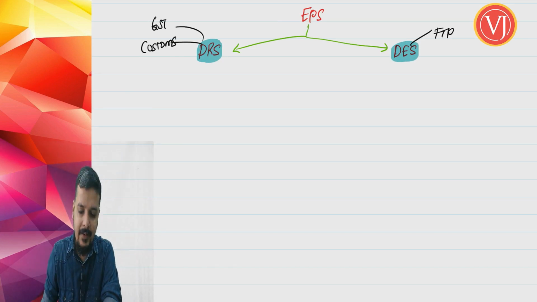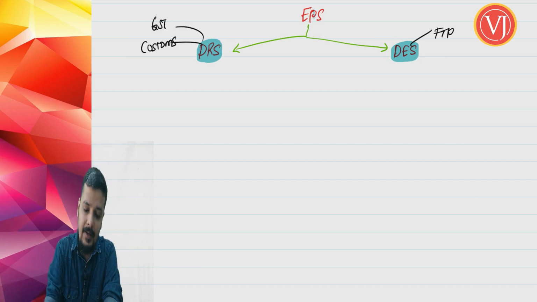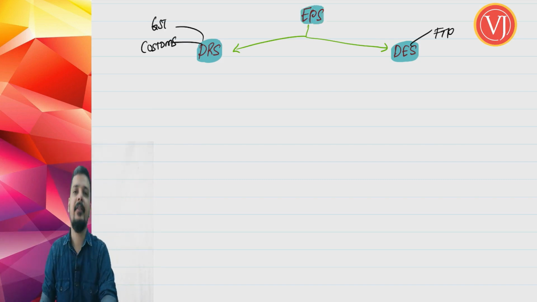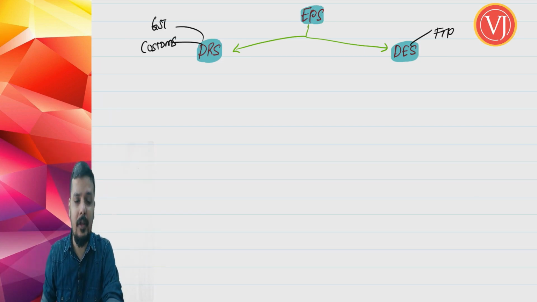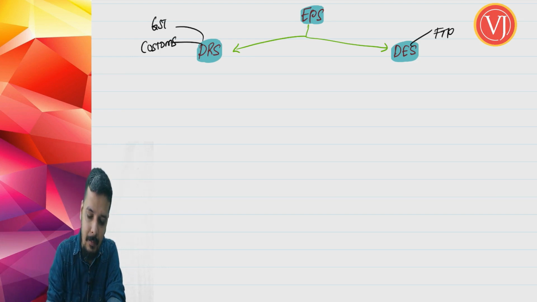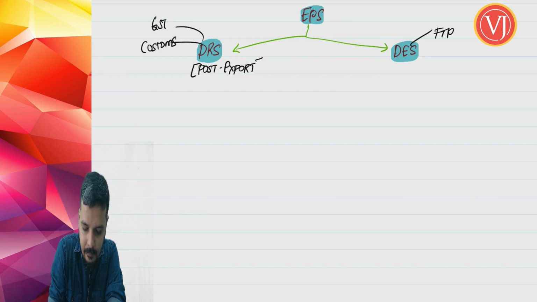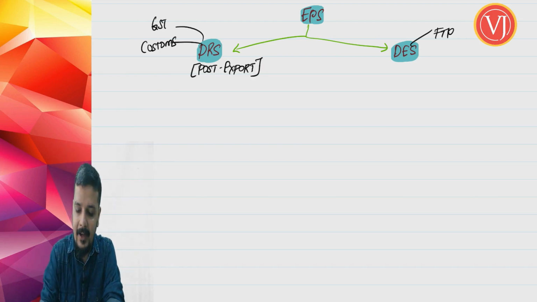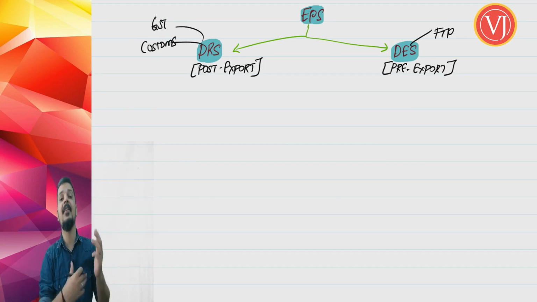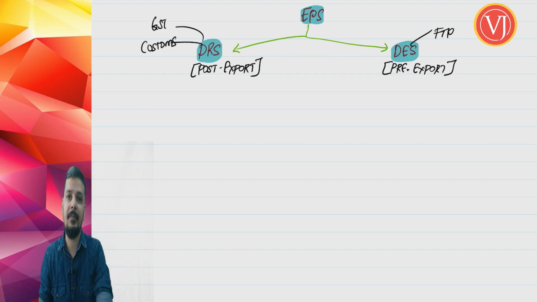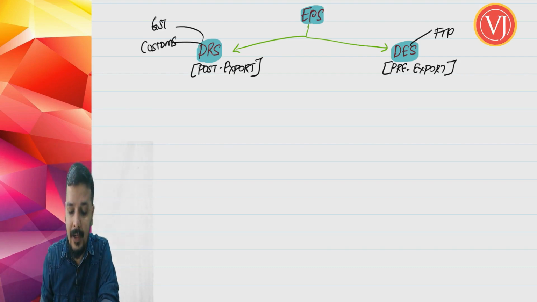In the duty remission scheme, you get the benefit after your export, so the benefit is post export. In the duty exemption scheme, the benefit is pre export; you get the benefit before your export. Duty remission is asking for a refund or rebate. In the duty exemption scheme, you don't pay any import duty, so there is no question of any refund or rebate. So it is pre export.